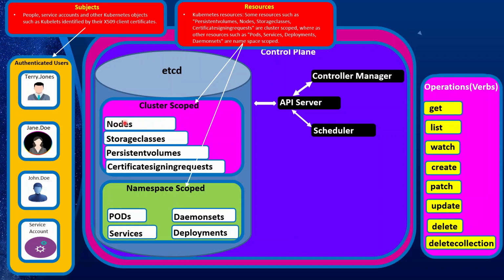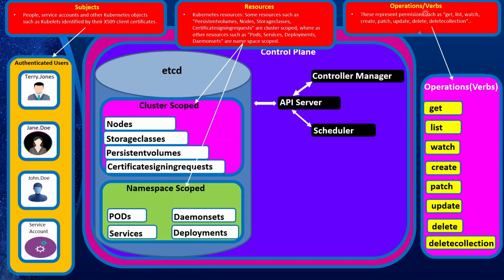These are objects or resources that are not associated with any specific namespace, such as nodes, storage classes, persistent volumes, certificate signing requests, etc. The second type of resources are bound to a specific namespace, or namespace scope, such as pods, services, daemon sets, deployments, etc. The last tenant is operations, or verbs.